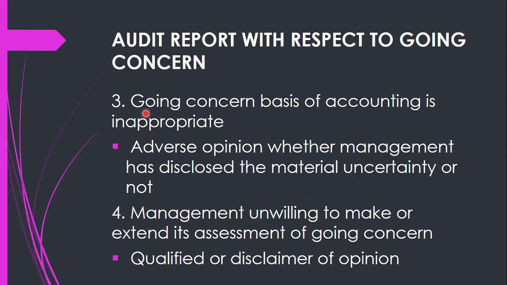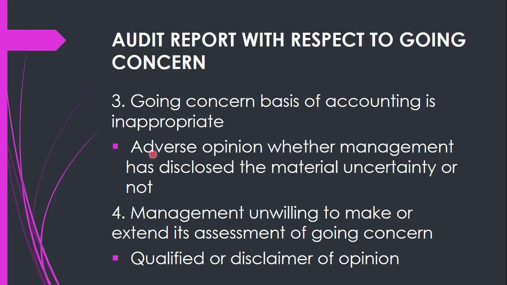Then, if the going concern basis of accounting is inappropriate, so the auditor has established that the going concern basis of accounting is not appropriate, the company is not supposed to be prepared on a going concern basis. It needs to be prepared on a breakup basis, right?